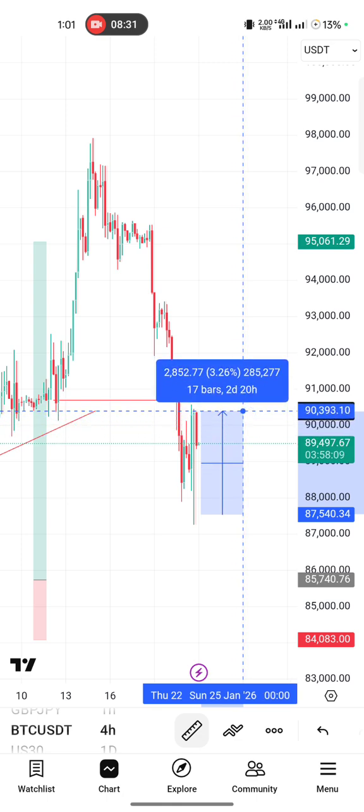From 87,540 to 93,390, the market has pumped 2,852, which means 3.26%. So if we remove the last digit, it will remain 285, which means the market pumped 285 pips. I hope you guys understand.